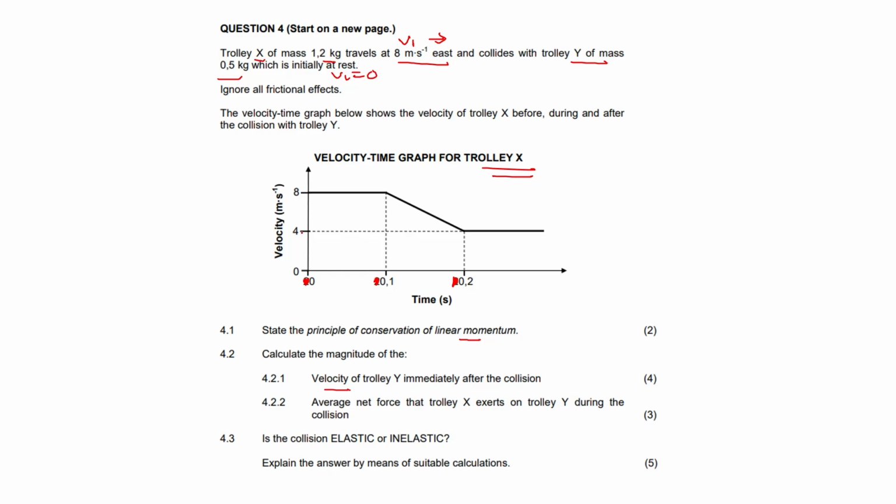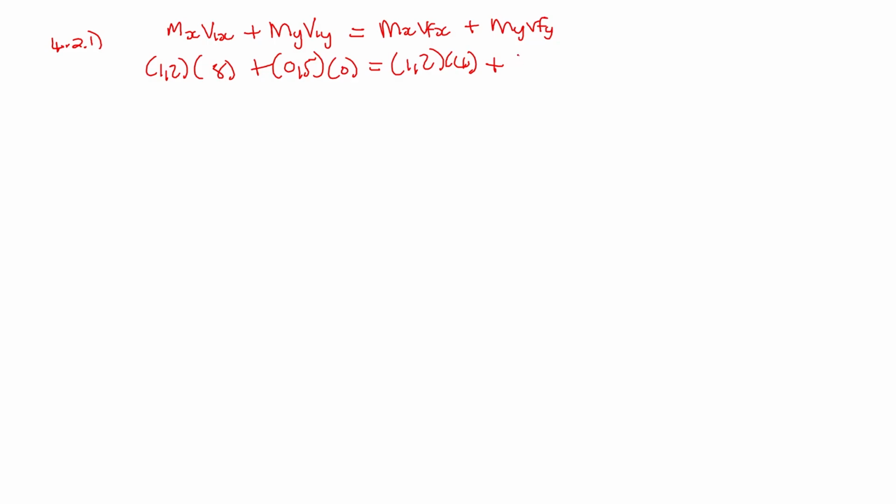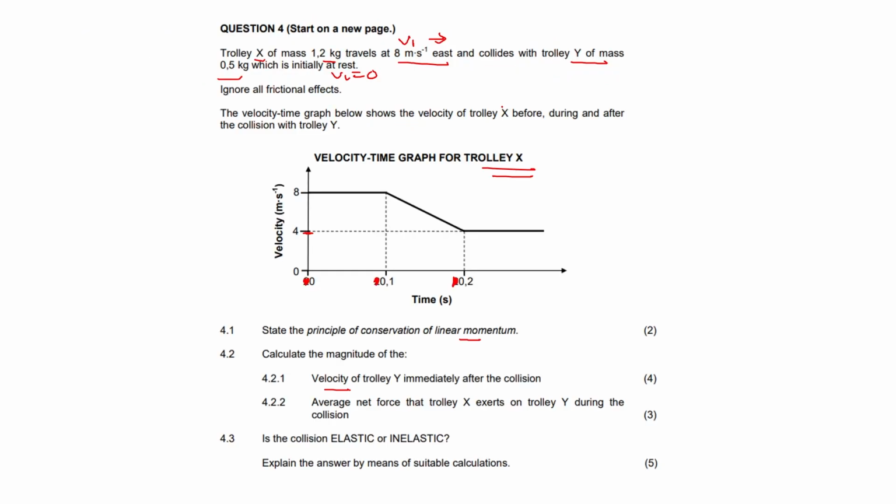So the final velocity will be 4. Then the mass is 0.5 and the final velocity of trolley Y is what we want. Anything times 0 is 0, so we divide everything by 0.5 to get our final velocity alone, and that is going to be 9.6 meters per second. That's the velocity of trolley Y immediately after the collision.